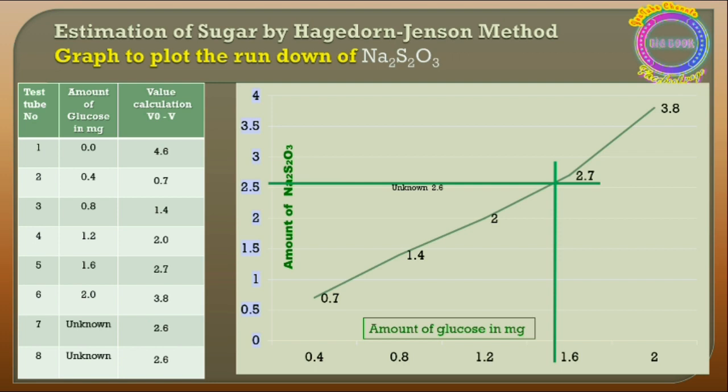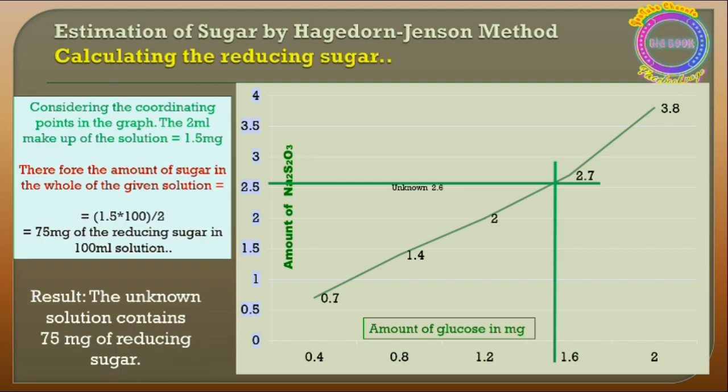So here further we are going to calculate this in the form of a formula. Before that we will understand that 2 ml of the unknown solution has 1.5 milligrams of the sugar. So considering the coordinate points in the graph, the 2 ml of this solution has 1.5 milligrams of reducing sugar.